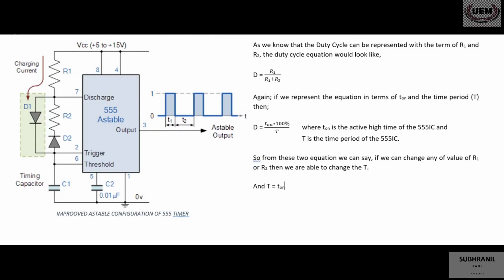Again, as we know that the time period is the inverse of the frequency, we are changing the frequency as a result of the change in the time period of the 555 timer. Thus, in my project, I can control the whole duty cycle using this astable configuration.